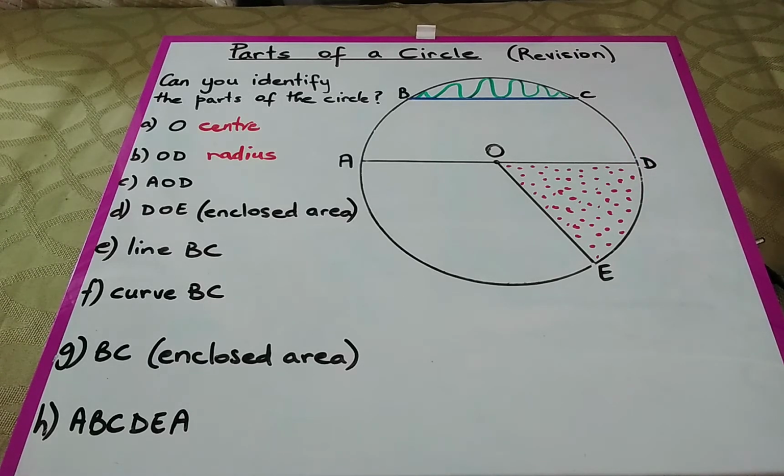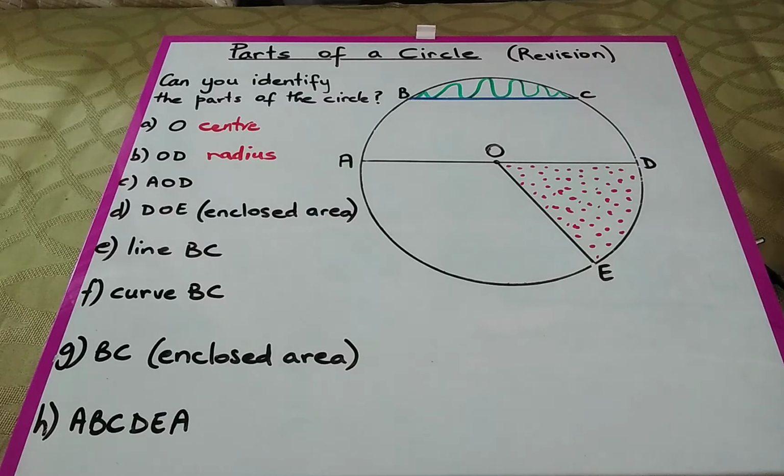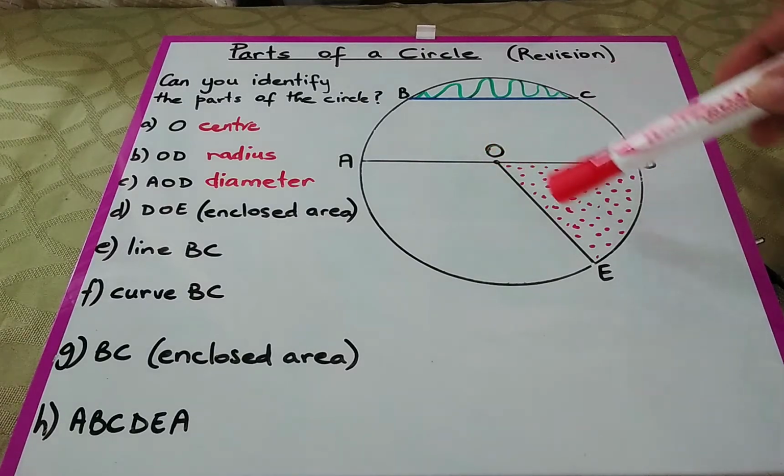What do we call the line AOD? AOD. What do we call that? It's called the diameter, and it is 2 times the radius. What do we call the area enclosed by DOE?